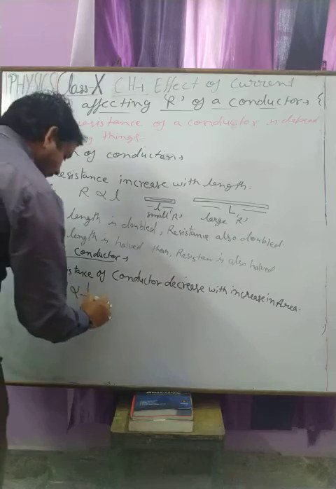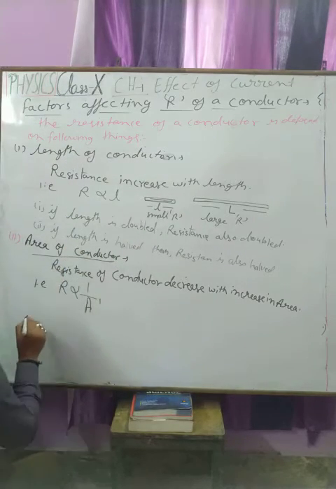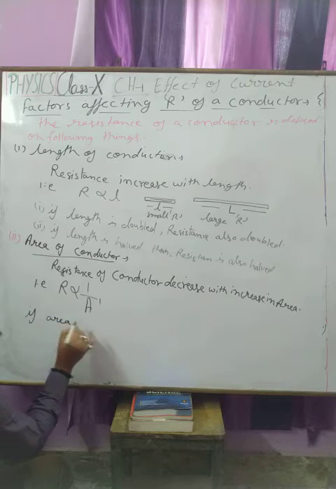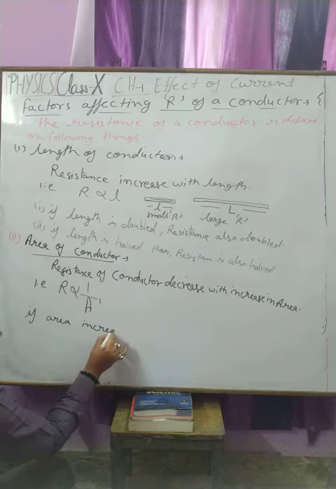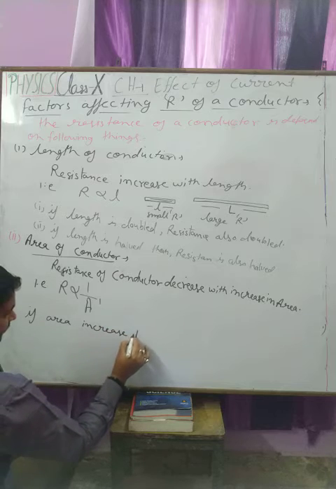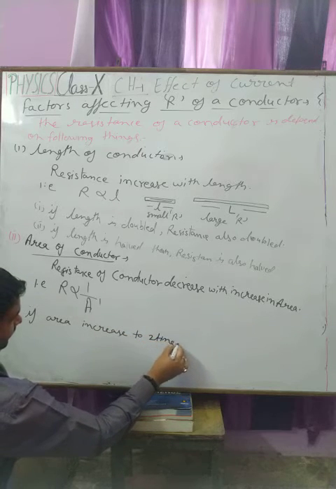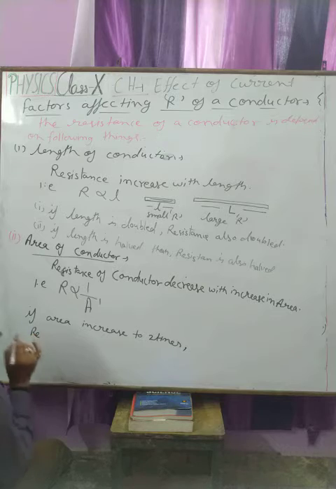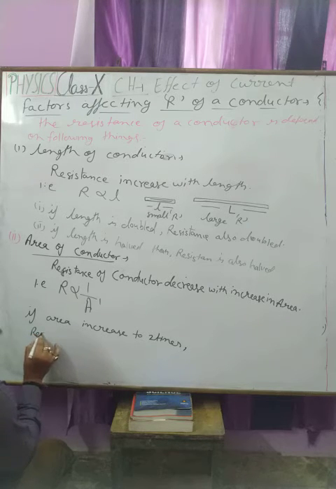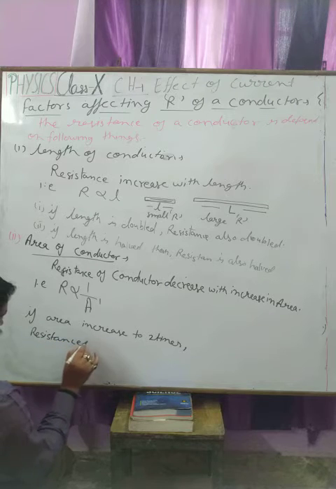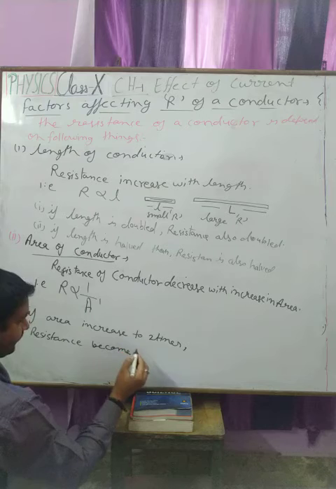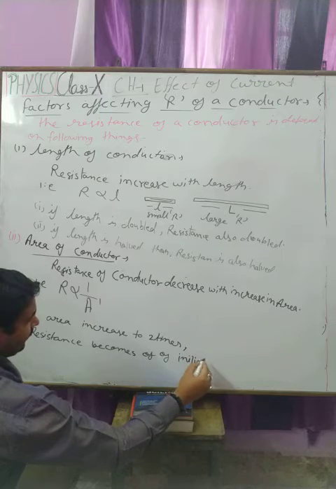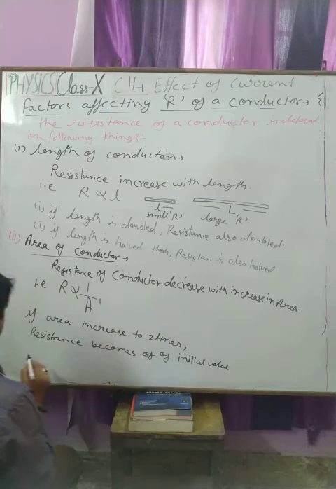If the area increases to double, two times, then resistance becomes half of the initial value.